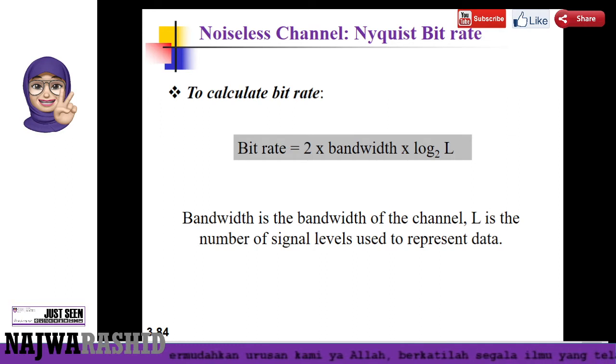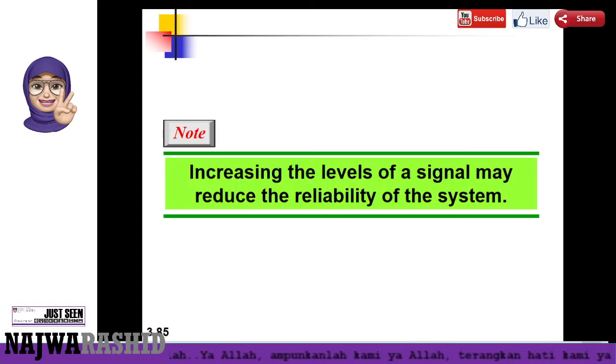L refers to the number of signal levels used to represent the data, so one level carries how many bits of data. Increasing the number of signal levels may reduce the reliability of the system, where the system refers to the communication system.